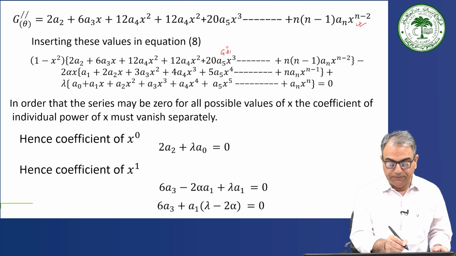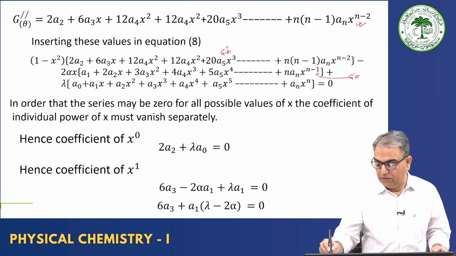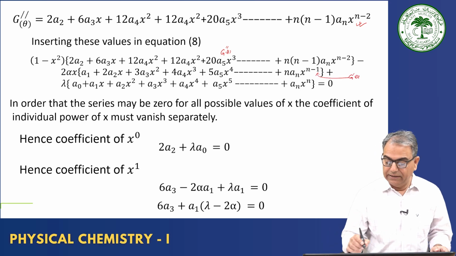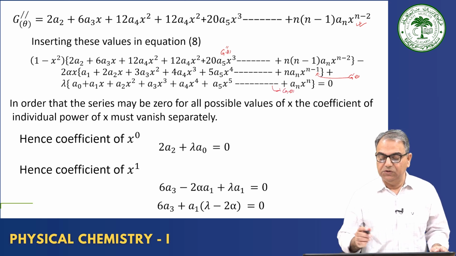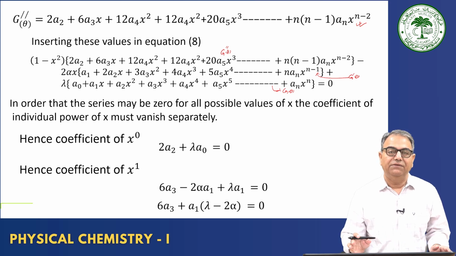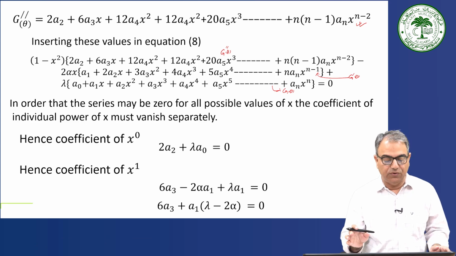So this part is actually g prime theta, and this part is g theta. Okay. So we inserted these equations, we represented g theta in a power series, and then we inserted this power series and the first differential and the second differential into equation number 8.